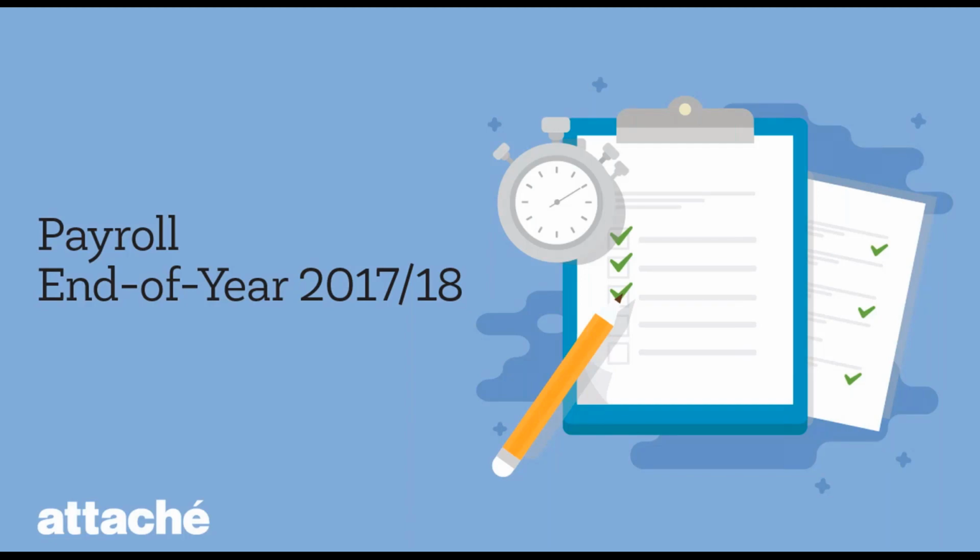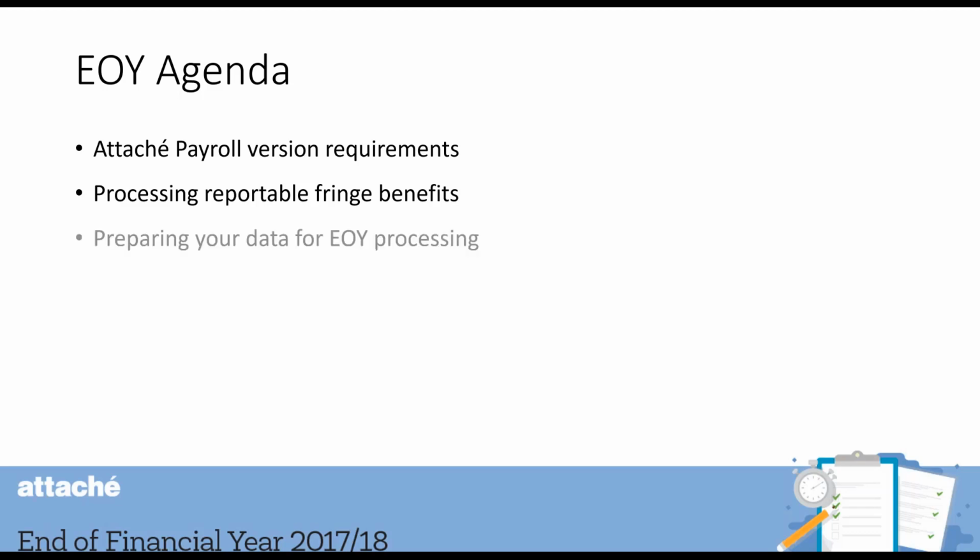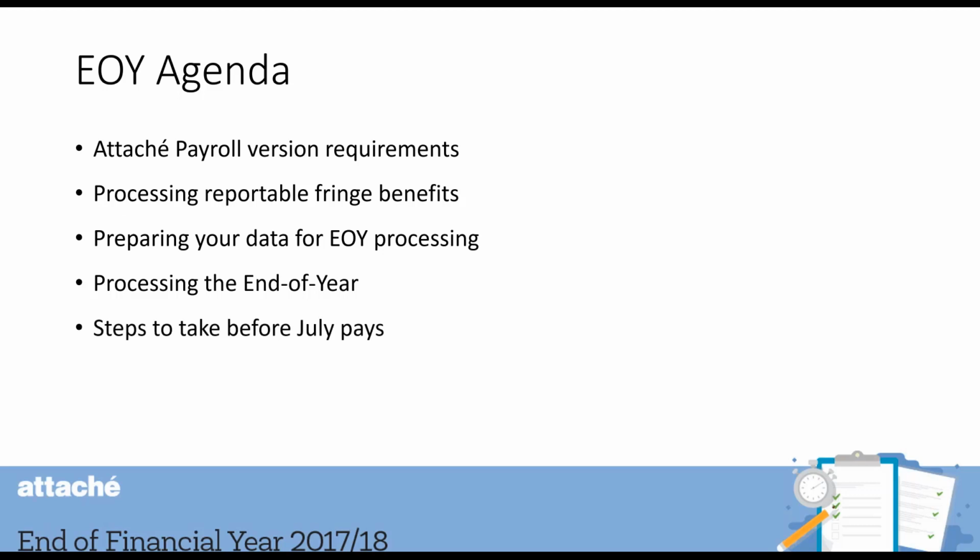So let's have a look and see what we have on the agenda for today. So for today's webinar, we will be looking at version requirements for running and printing payment summaries for 2017-18, information about reportable fringe benefits, steps we need to take before commencing the end of year process, your end of year process, that is creating and printing payment summaries and creating the magnetic media file, what to do before you process your July pays.